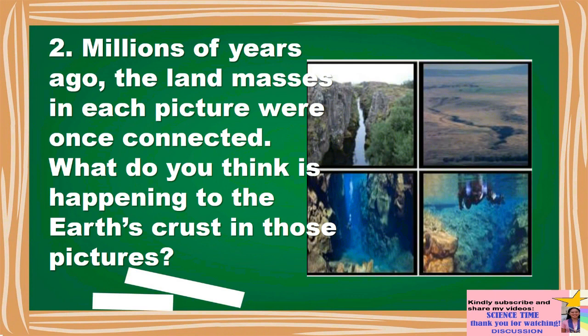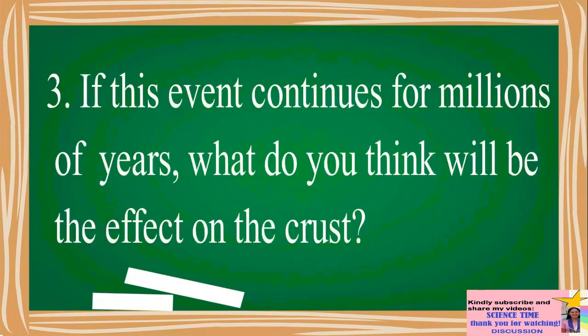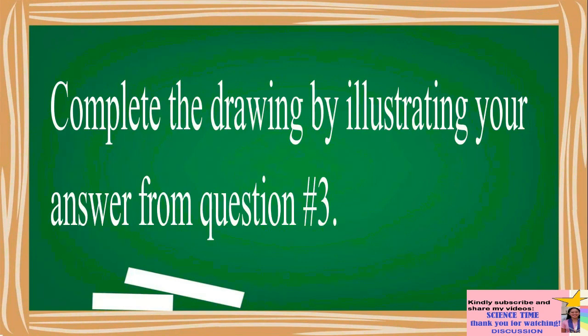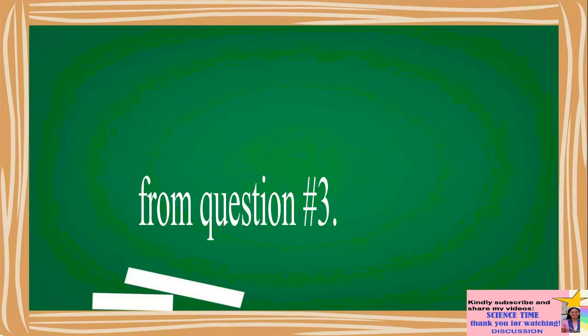What do you think is happening to the Earth's crust in those pictures? And the third one, if this event continues for millions of years, what do you think will be the effect on the crust? And for the last activity, complete the drawing by illustrating your answer from question number 3.